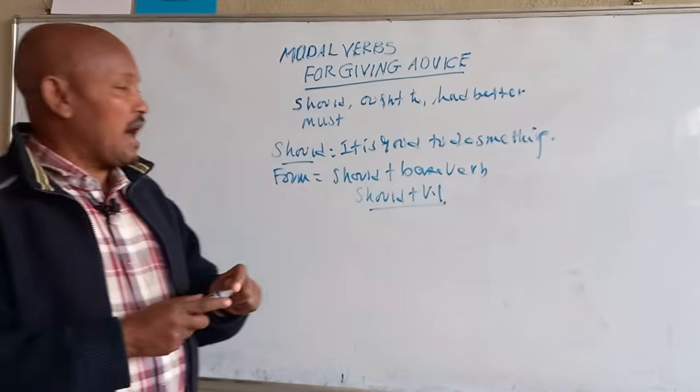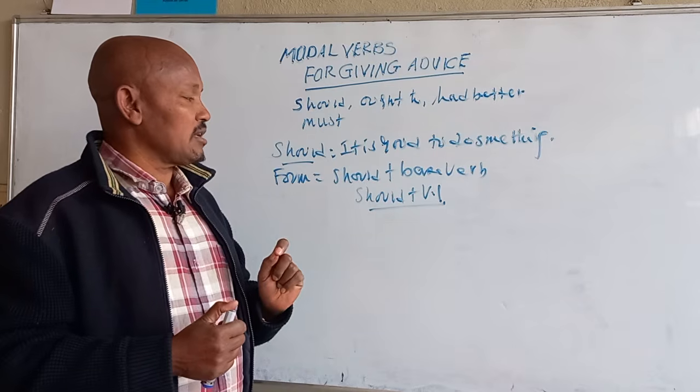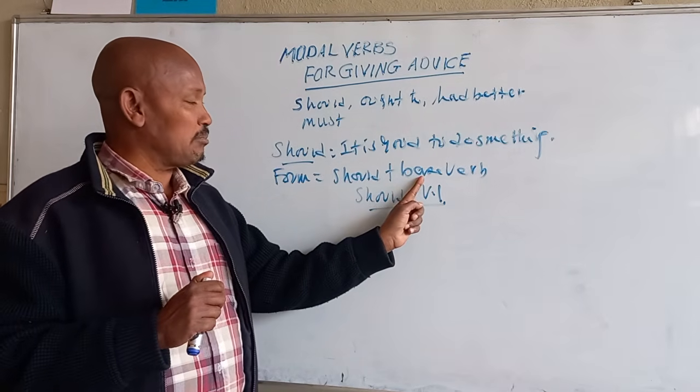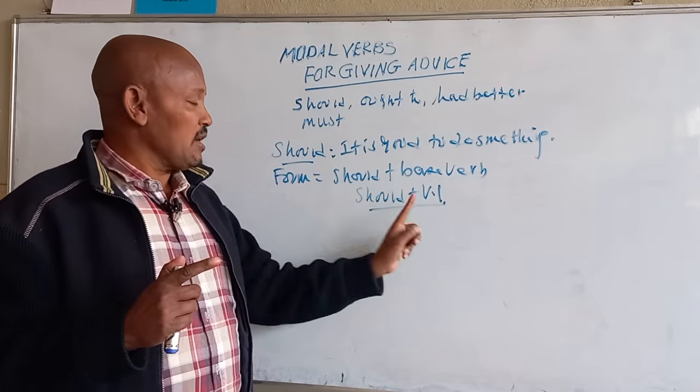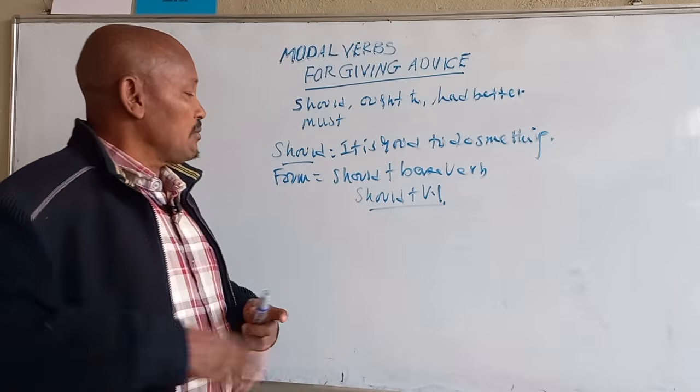So should has the same meaning as "it is good to do something", and the form is should plus base form or base verb, which is present tense, all right?